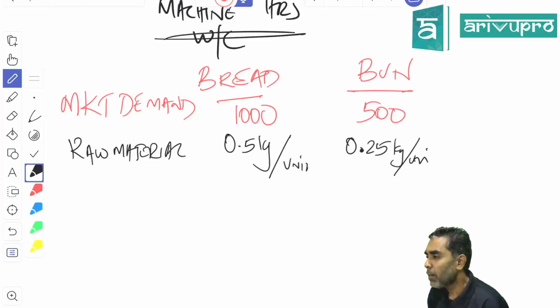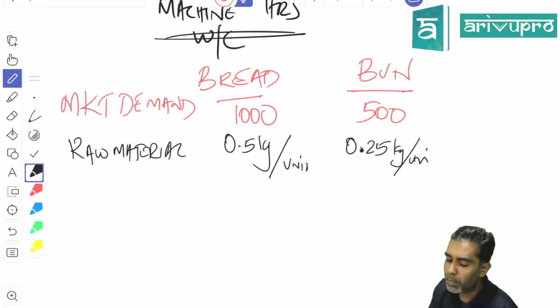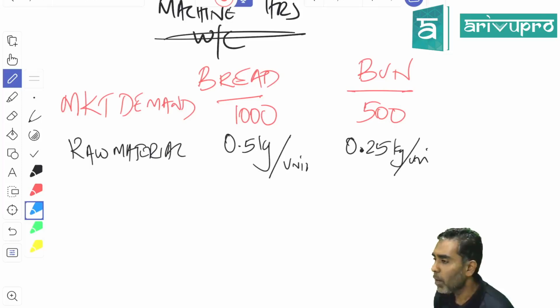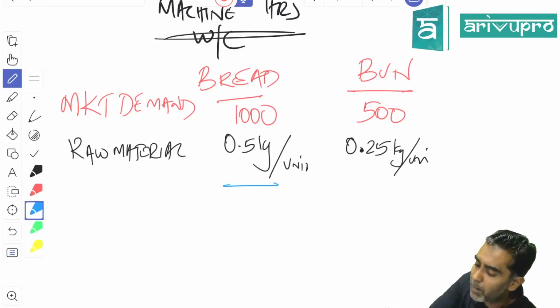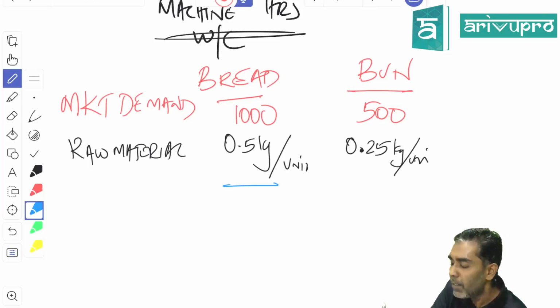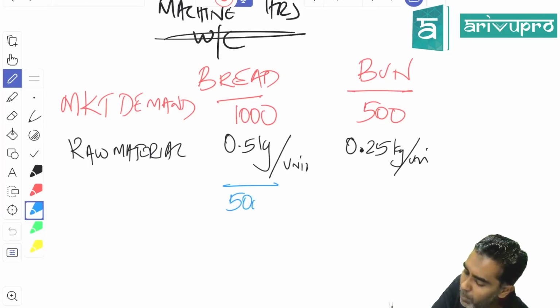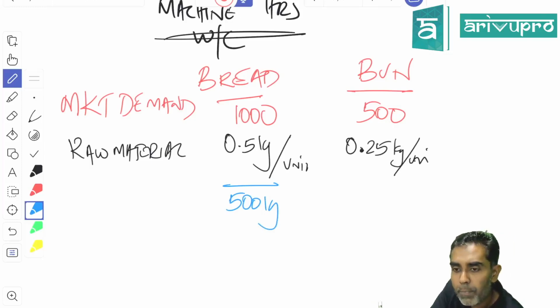What is the total material requirement? To make the entire market demand of bread, you would require 1000 times 0.5 kilo, total 500 kilograms. Agree with me?